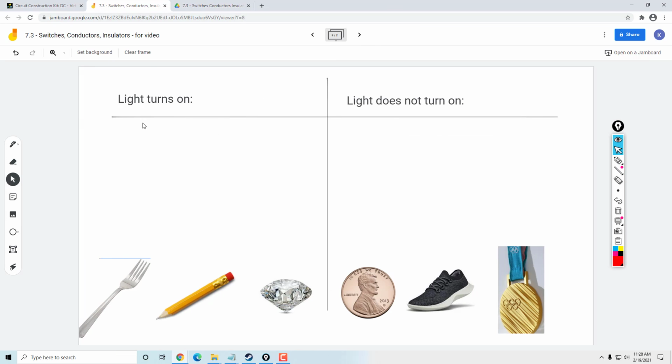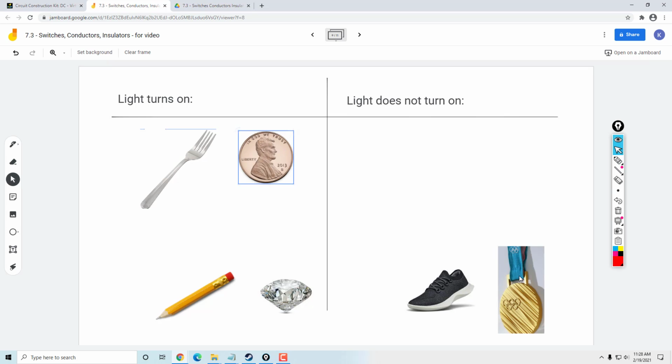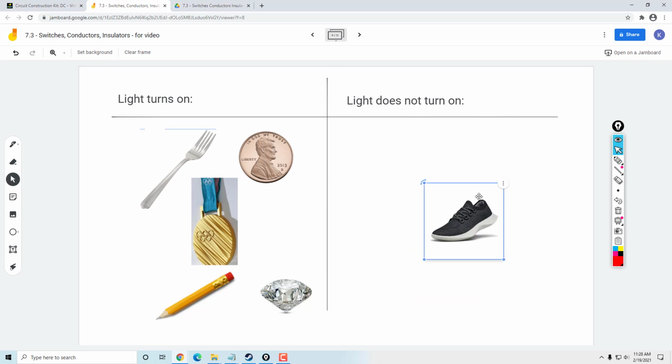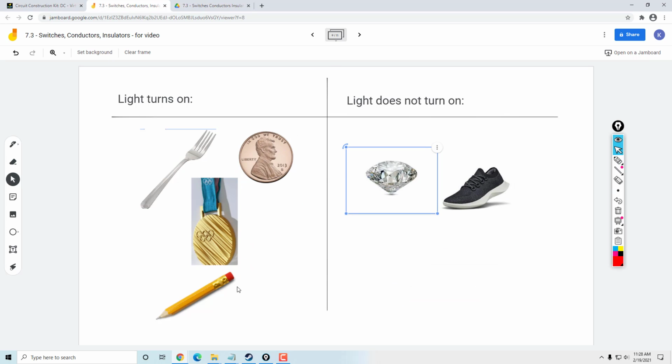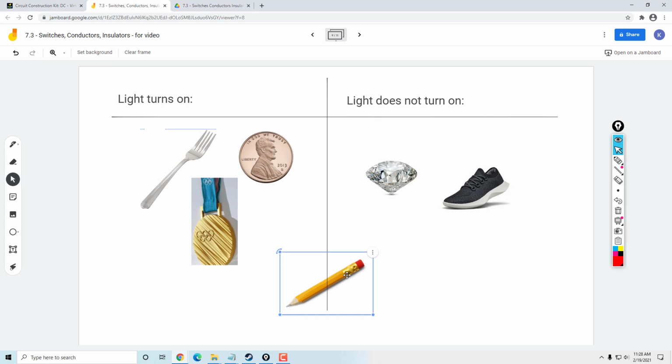In fact, we know that with a fork, it will turn on. Penny, it will turn on. The gold medal, it will turn on. Shoe will not. Diamond will not. Pencil is debatable. If you put it at the two ends, it could. But this one probably won't work because you can connect here, but there's nothing over here to connect.